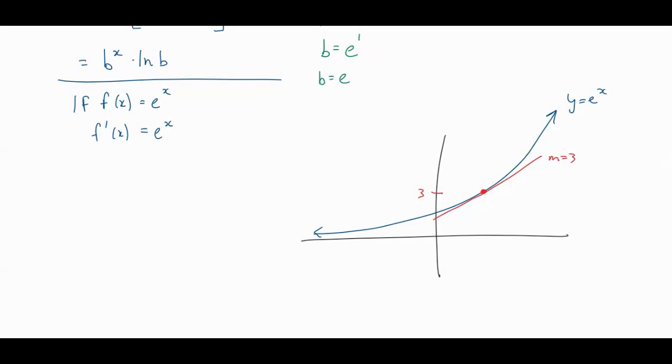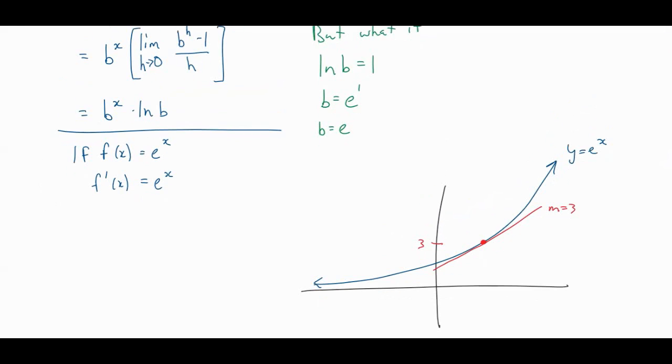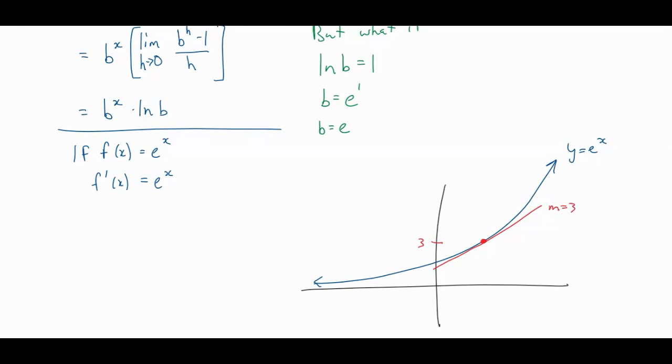And there are times where you get to choose the base you're working in. So if you get to choose the base and you're doing calculus, why not choose E? Because it's the easiest derivative. Otherwise, you have this nagging constant you always have to worry about. So E is really useful in calculus when you're doing exponential stuff because of this reason.